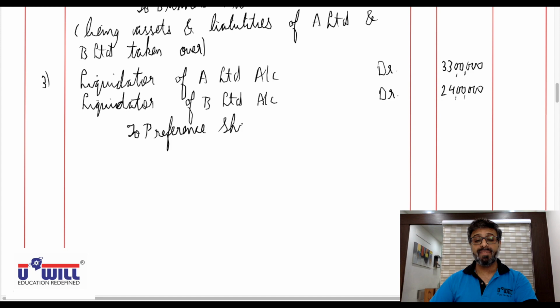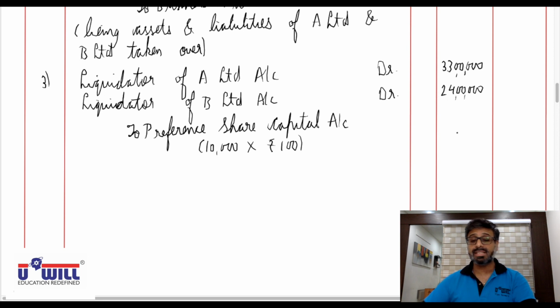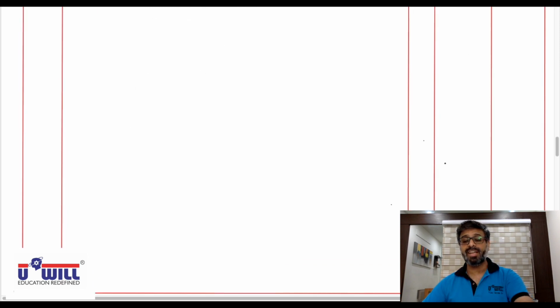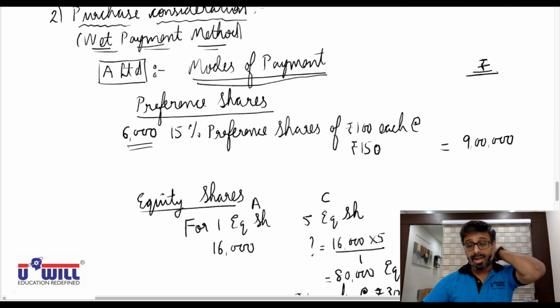Now here we will write preference share capital because the company is issuing the shares, so for them it is share capital. 6,000 to A Limited, 4,000 to B Limited, so 10,000 we are paying, and face value of preference shares is 100, so 10,000 into 100, 10 lakhs. Be careful, don't write 150. 150 is the agreed value and remaining 50 we have to transfer to premium. In share capital, what will go is face value only, that is 100 rupees. 50 rupees will go to premium, which we will combine later on.